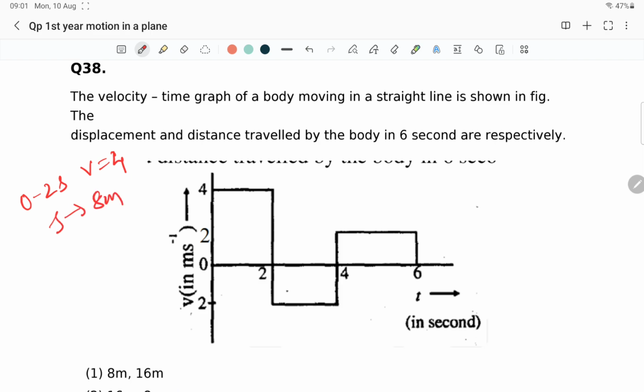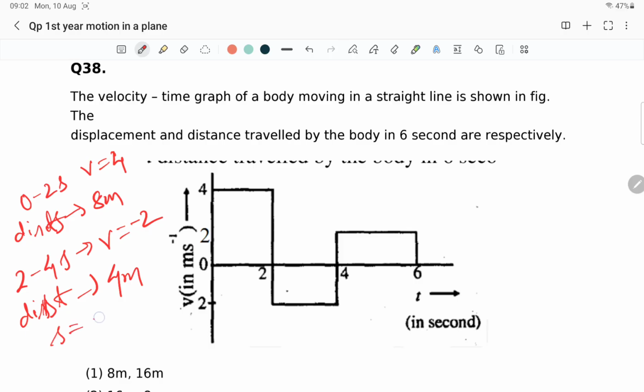Then 2 to 4 seconds velocity is -2. Again distance, okay, I'm writing dist instead of, again you will get confused. How much? 2 to 4 seconds, distance becomes again 4 meter. Then displacement will be -4.